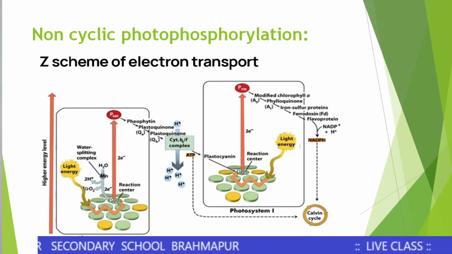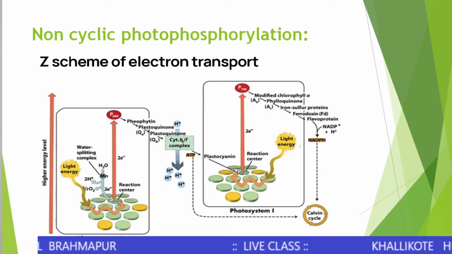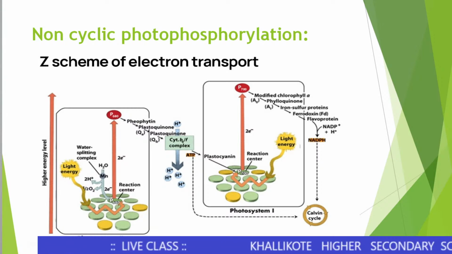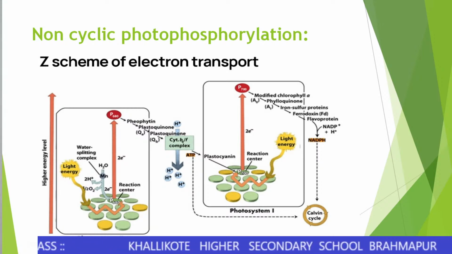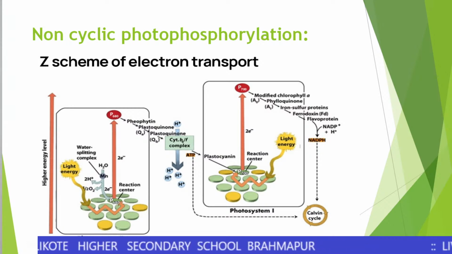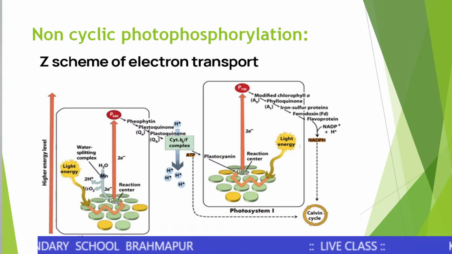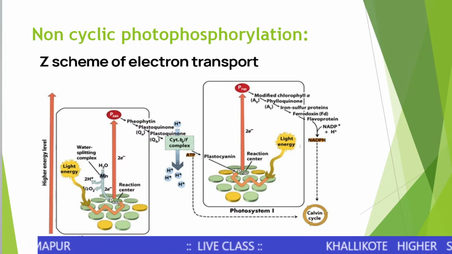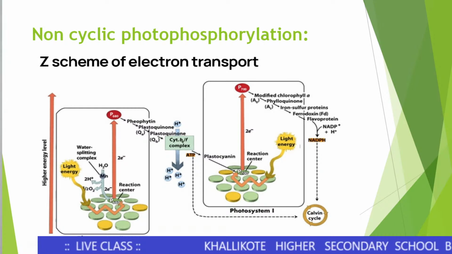Here the arrow on the left side indicates higher energy level. The molecules remain arranged according to their redox potentials, and photosystem 2 plays a more active role during the Z scheme of electron transport. Here we will also see how NADPH is formed and how oxygen is liberated during the process.